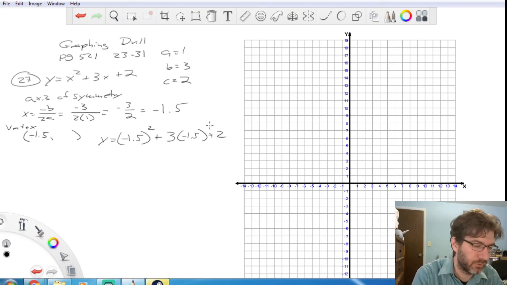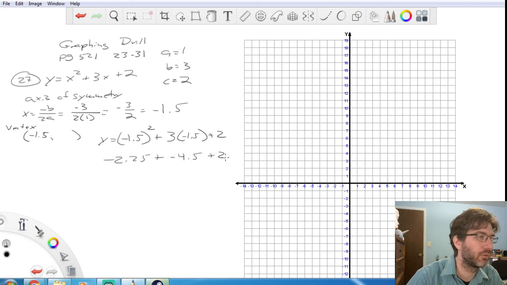Negative 1.5 squared is going to give us 2.25 plus 3 times 1.5 is 4.5 plus 2, and you get negative 2.25 plus 2 plus negative 4.5.